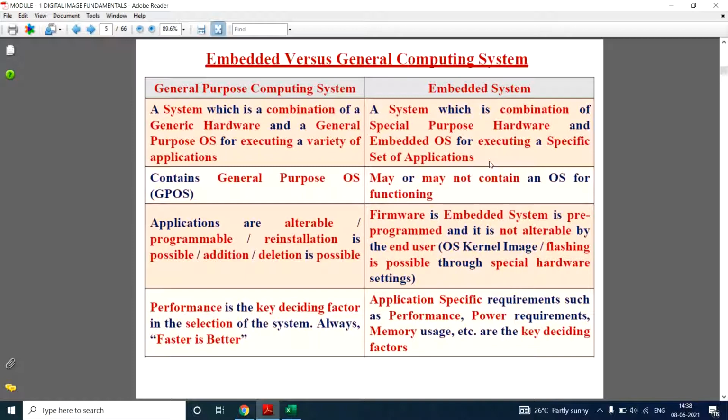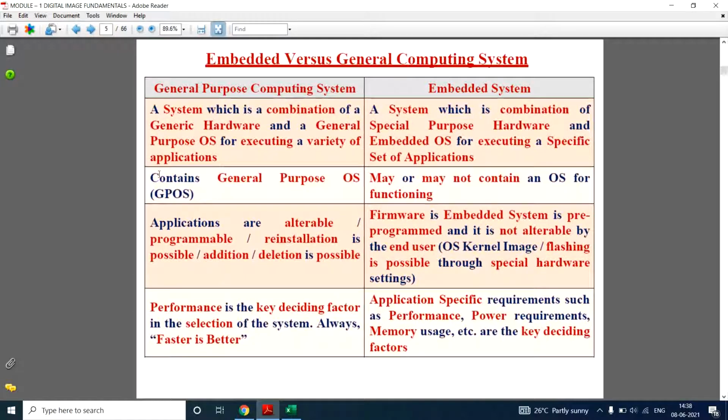For example, for the Arduino board that we use, we need special software to program it. We cannot program it like a general purpose system. Only then can we program that embedded system.